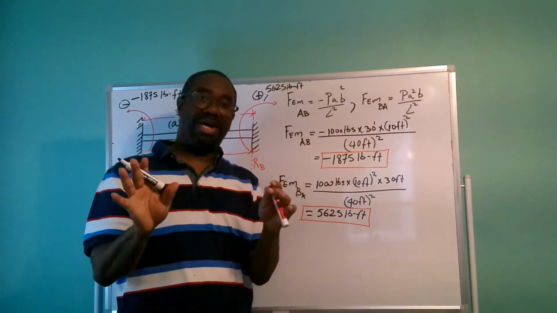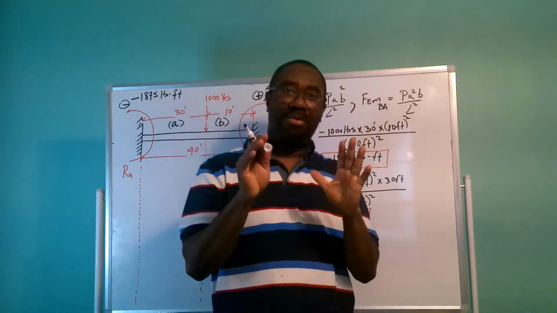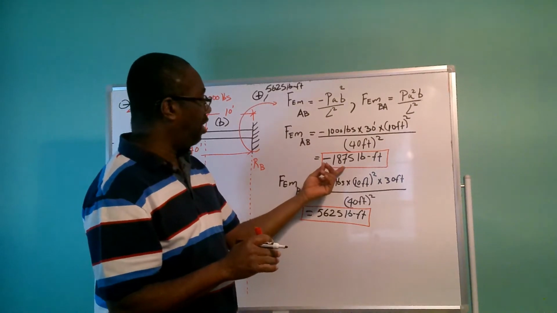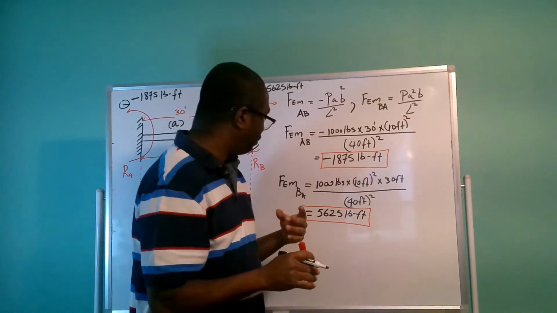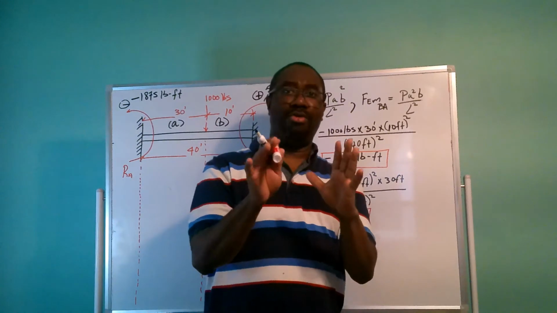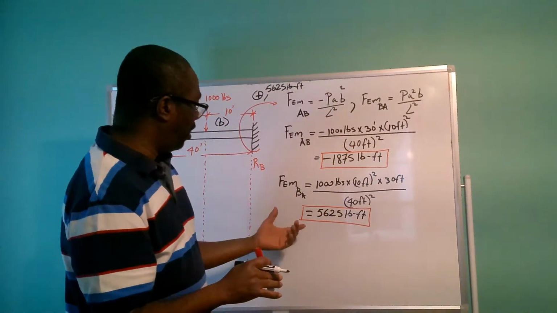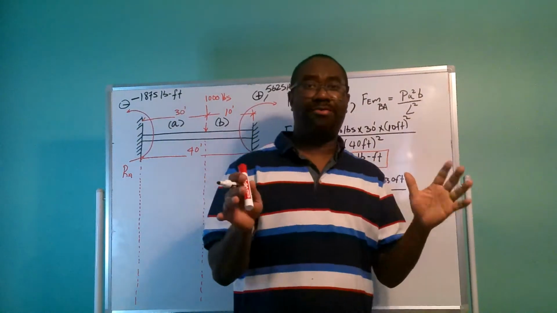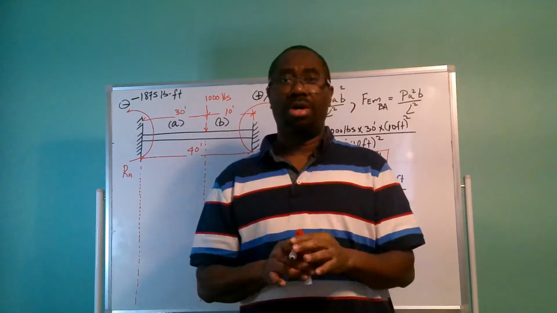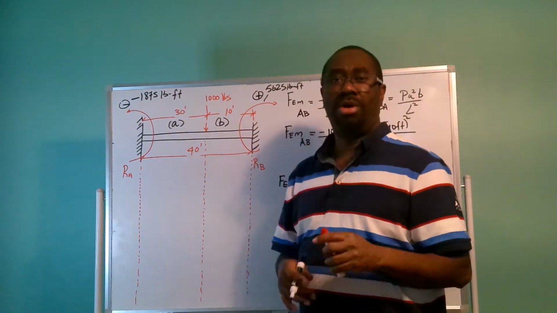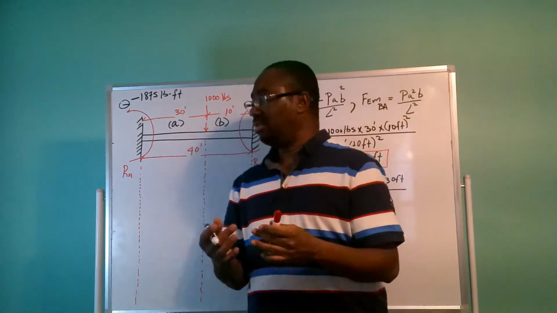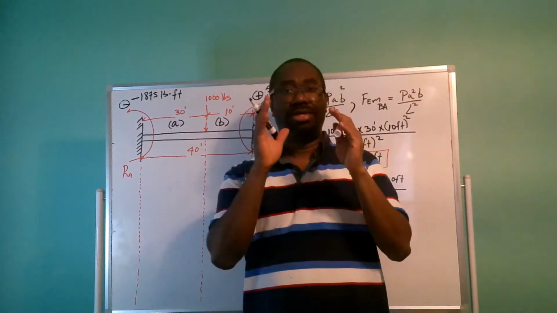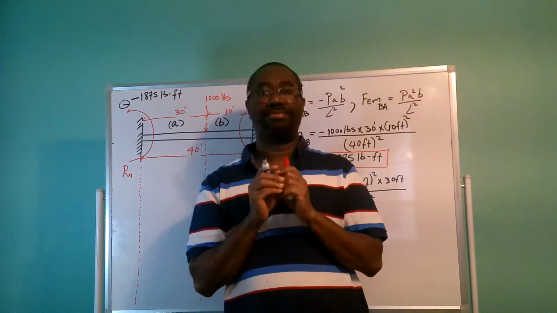The fixed end moment for AB is minus 1,875 pounds foot, and the fixed end moment for BA is going to be 5,625 pounds foot. I'm going to show you now how to calculate the reactions as well as the bending moments and the shear force diagram.